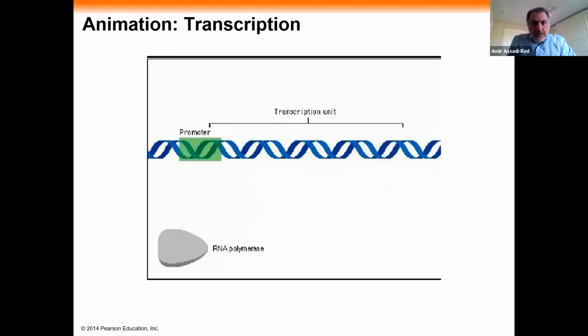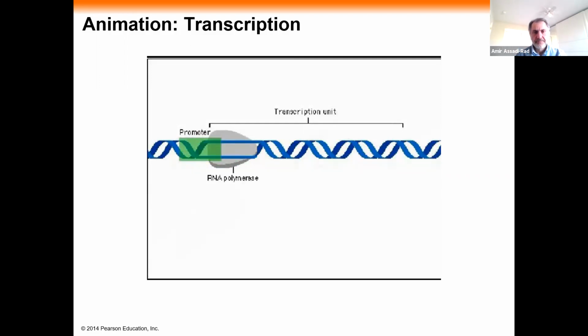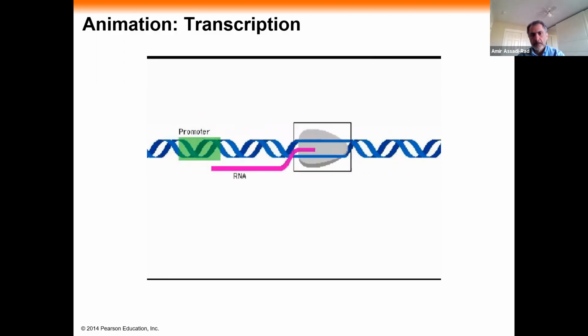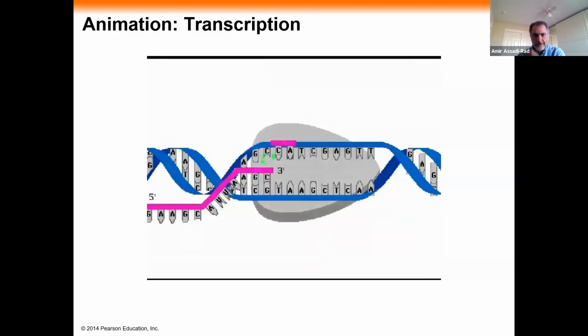With the help of protein transcription factors, it attaches to the beginning of a region of the DNA called the promoter, pries the DNA strands apart, and untwists a short portion of the double helix. RNA polymerase moves along the DNA, pairing up RNA nucleotides with their DNA complements, adding nucleotides to the end of the growing RNA molecule. Here's a close-up view of elongation.